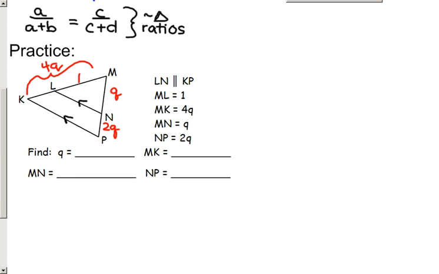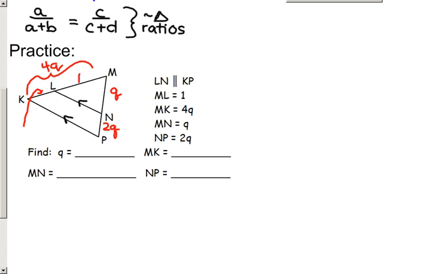If we want to work on solving, you have to recognize that the information on the left and the right side are not in the same format. If we want to work with the side splitter, then we need to fill in an expression for KL. If we want to work with the ratio of the similar triangles, then we would need to fill in the length of MP. I'm going to fill in an expression for KL.